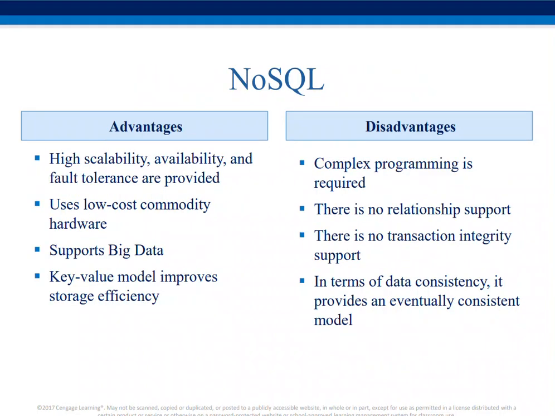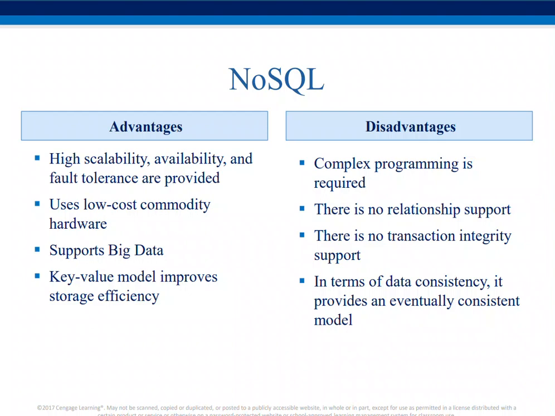And then NoSQL, the next one. Advantage, high scalability, availability, and fault tolerance provided. It uses low cost commodity hardware and supports big data. So the key value model improves storage efficiency. Macam tadi kita tengok setiap attribute ada row yang berbeza walaupun bagi entity yang sama.